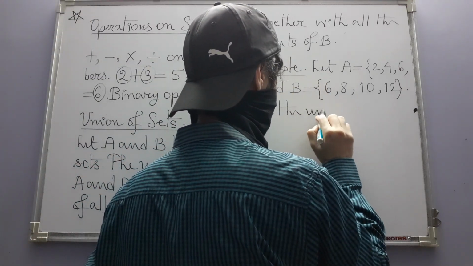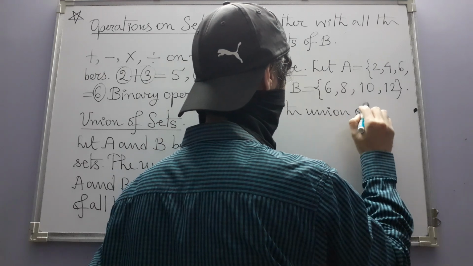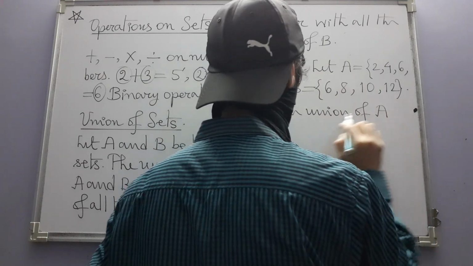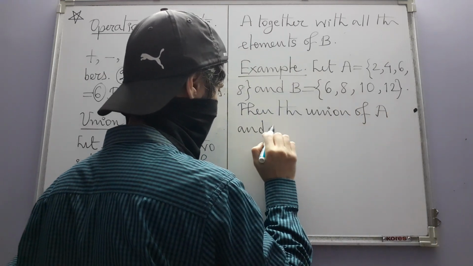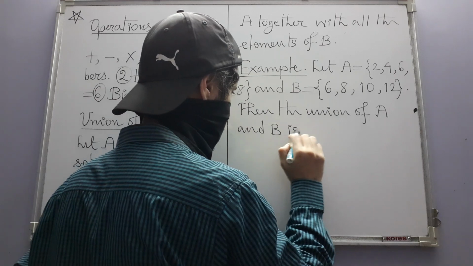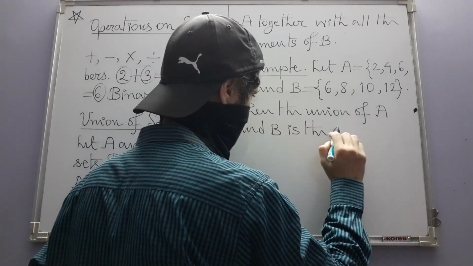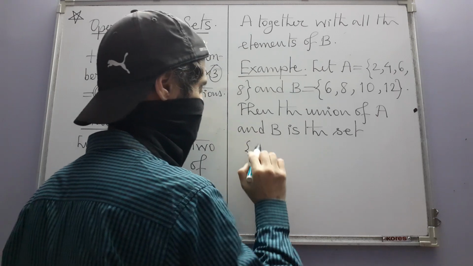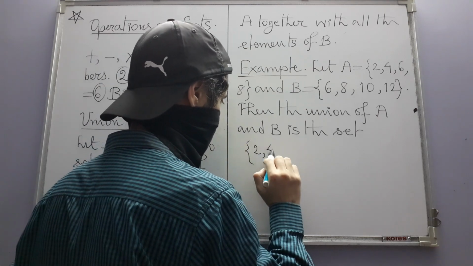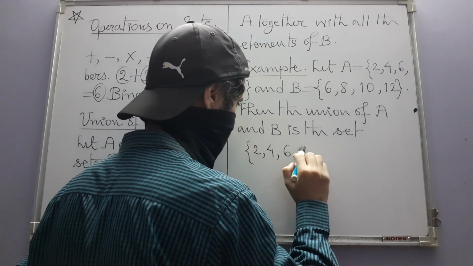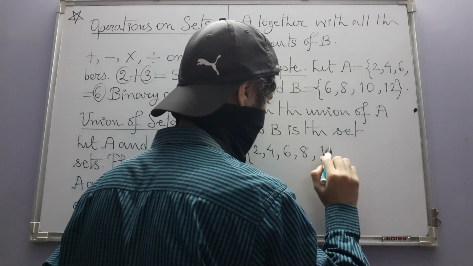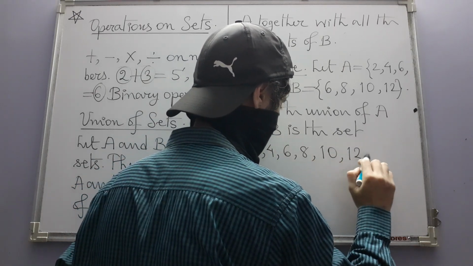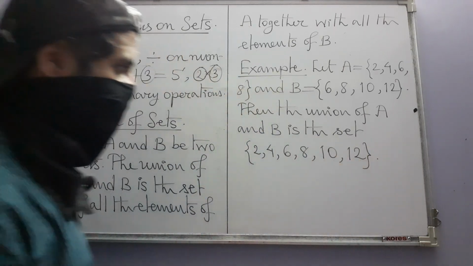Then the union of A and B is the set 2, 4, 6, 8, 10, 12.